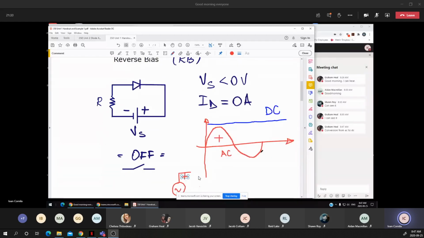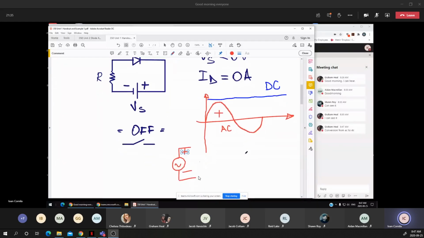Actually, the first step, the half-wave rectifier, what are we looking to do? To get rid of that negative side of the sine wave. If I can get rid of the negative side of a sine wave, I can make the current flow in a single direction.